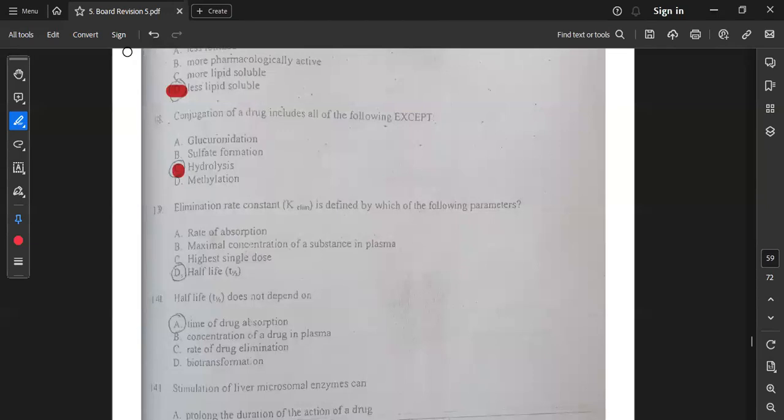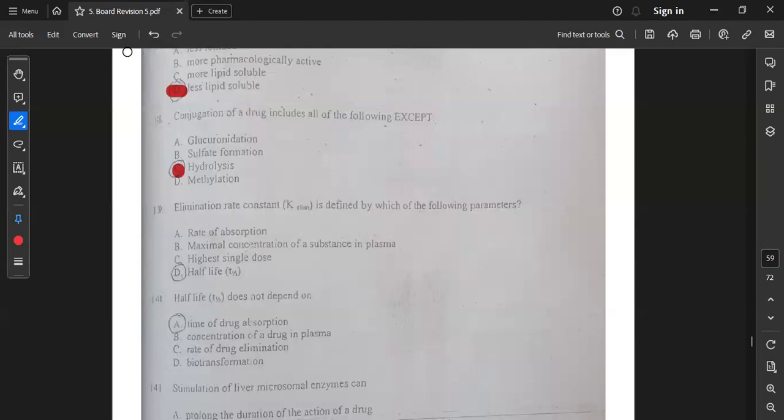Let me just share the table. Phase 2 actually increases water solubility by conjugating the drug with a polar moiety, making it easier for elimination. And phase 1 converts the drug to a more polar or more reactive product.